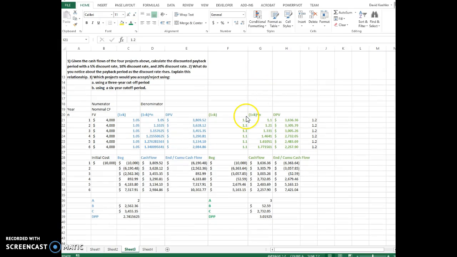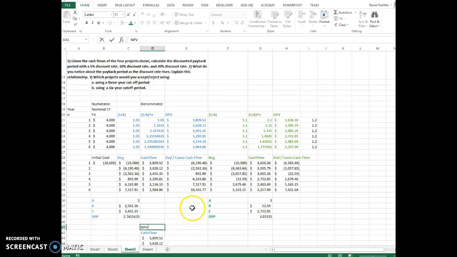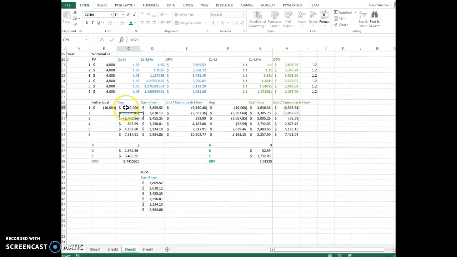So the only difference, what I'm going to do is copy this column. So let's do net present value down here. Let me paste that right here. This is going to be net present value, NPV. So really, the only difference is we're not going to start with an initial cost.